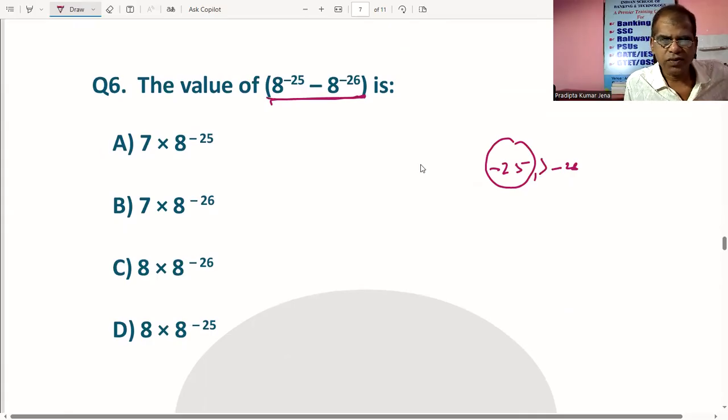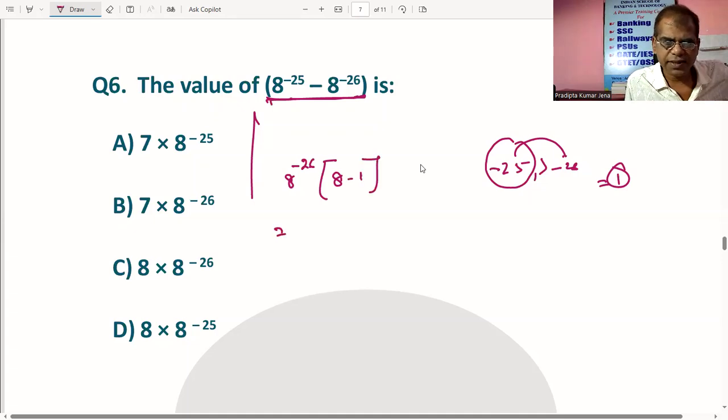So now we can take common directly. We take 8 to the power minus 26 common. Inside, what will remain? The gap between minus 25 and minus 26 is 1. So you can write directly 8 minus 1. Our answer is equal to 8 to the power minus 26 times 7, that is equal to 7 into 8 to the power minus 26. This is the answer.